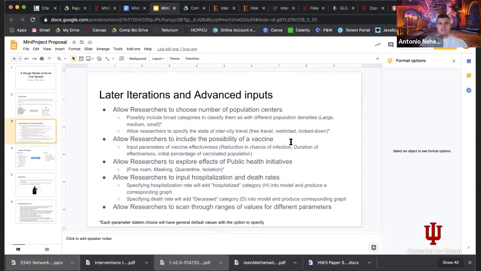And all of these states, in my head, would be drop downs, and they'd have default values, but the researchers would always have the option to input very specific values as well, such as population density for the size of cities.